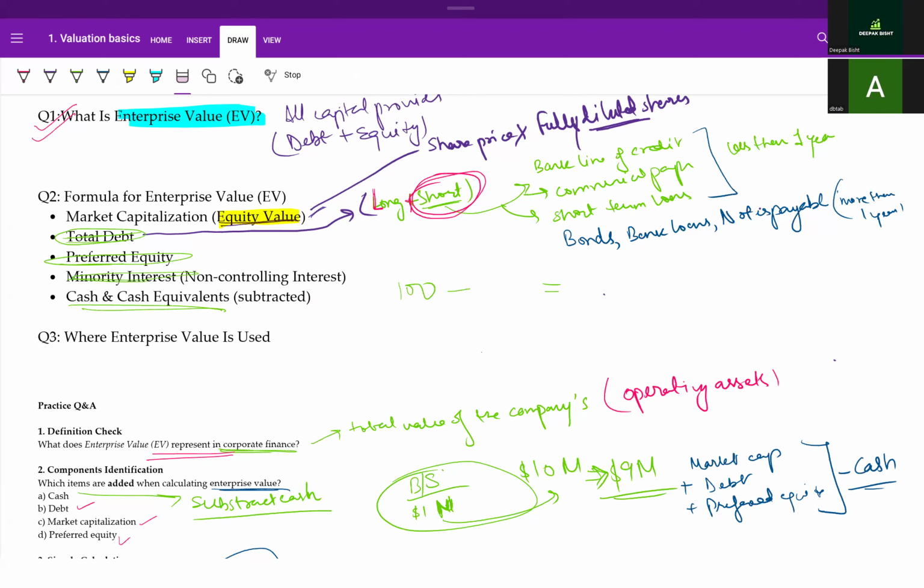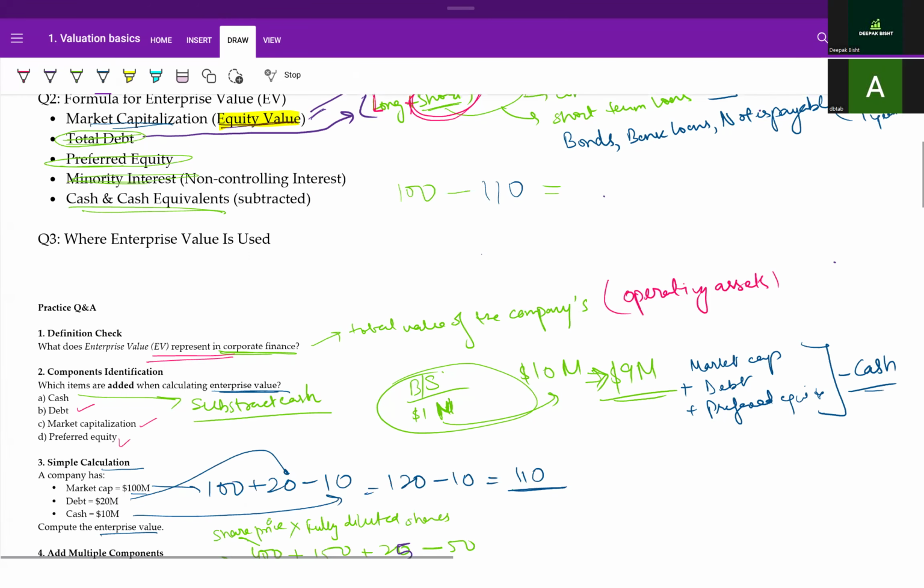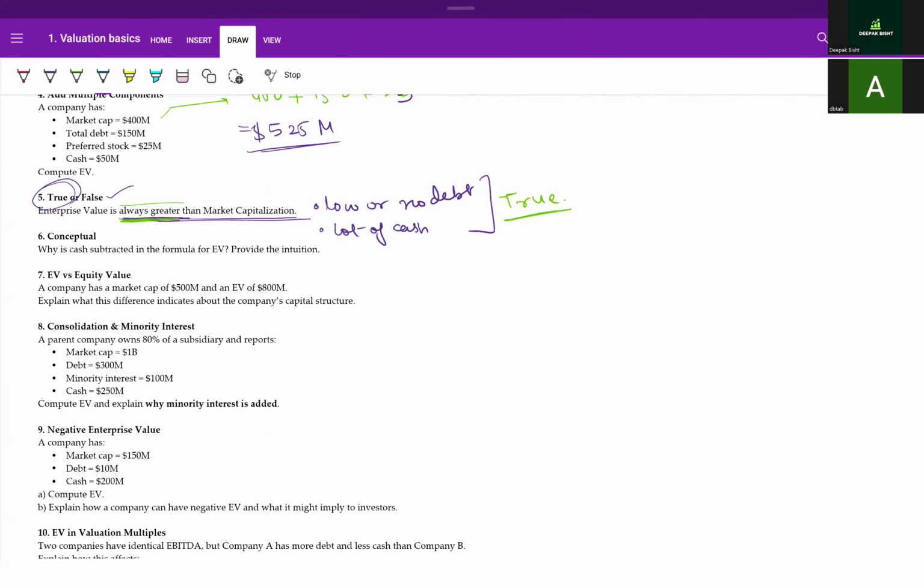In this case, enterprise value is going to be greater than market cap. So with no debt or low debt or a lot of cash, in that case only it will be true, but generally it will be false.